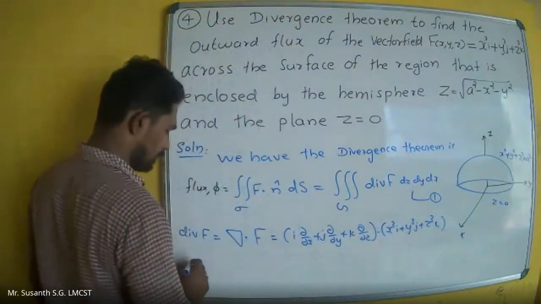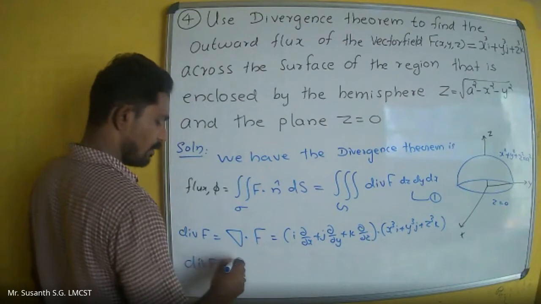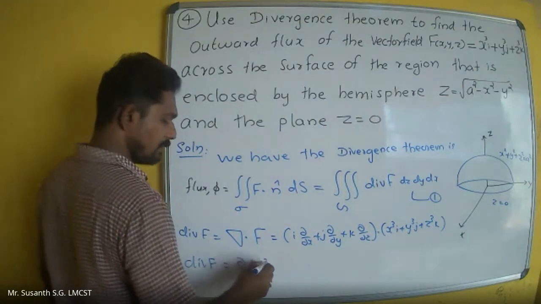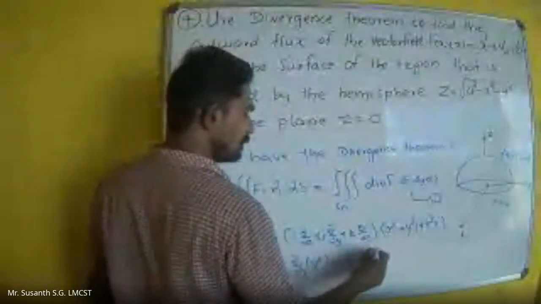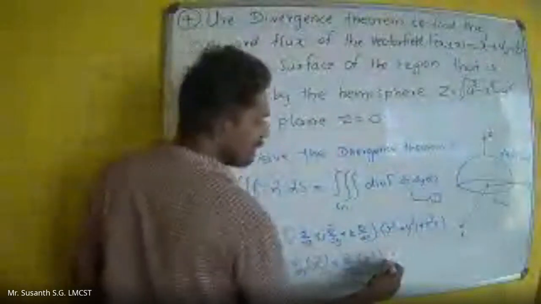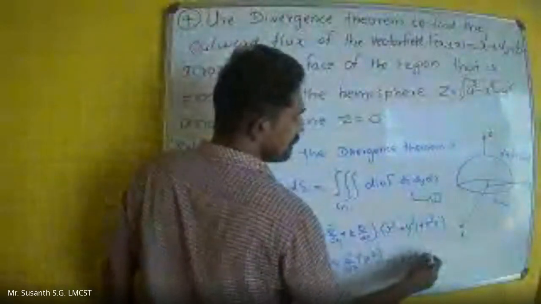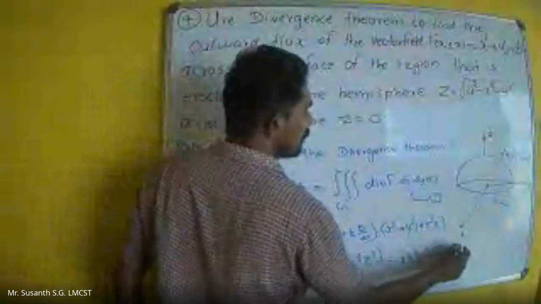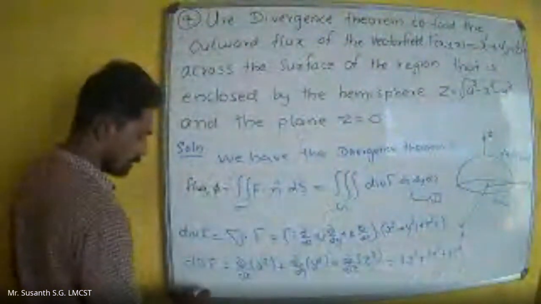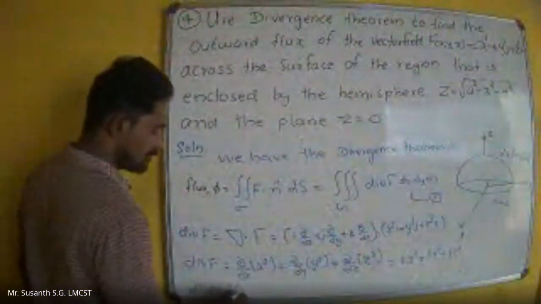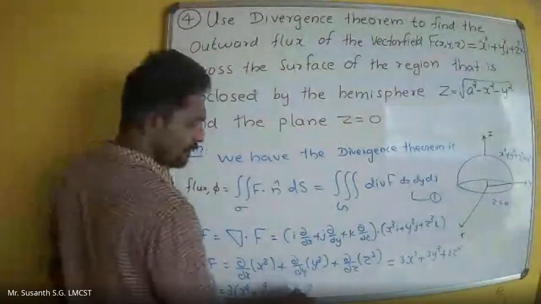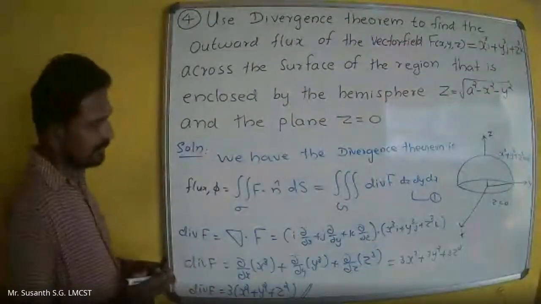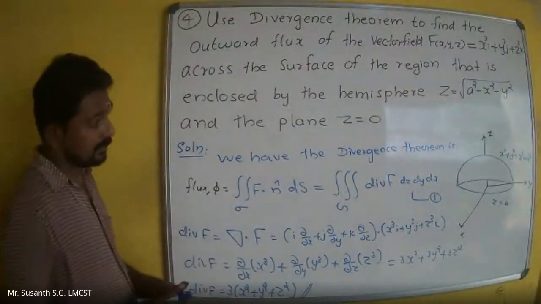So this is ∂/∂x of x³ plus ∂/∂y of y³ plus ∂/∂z of z³, which equals 3x² + 3y² + 3z². Taking 3 common, div F is 3 times (x² + y² + z²).